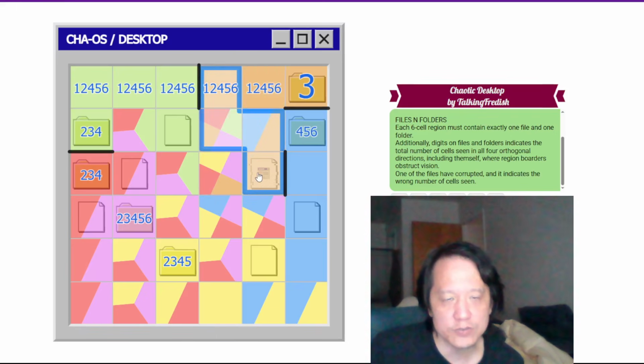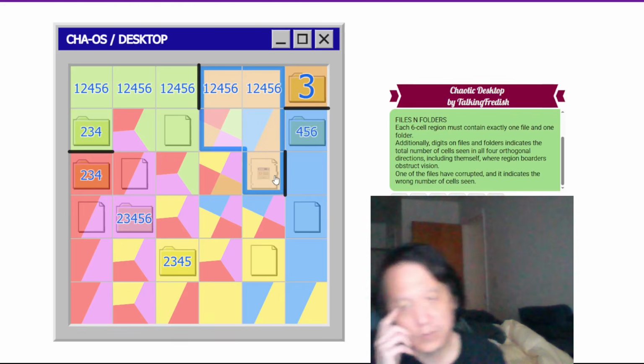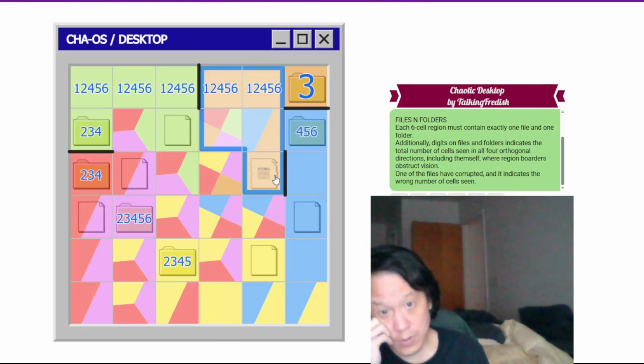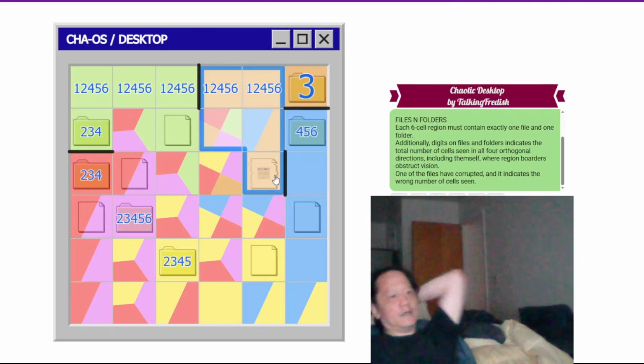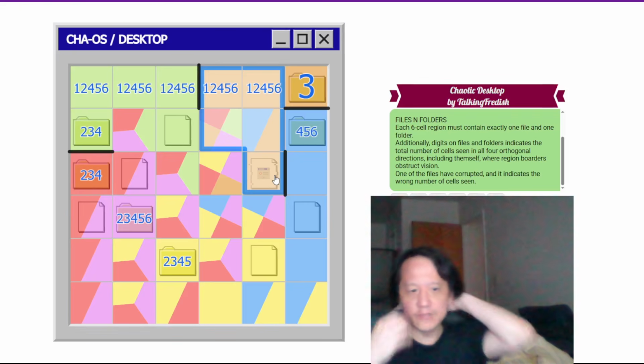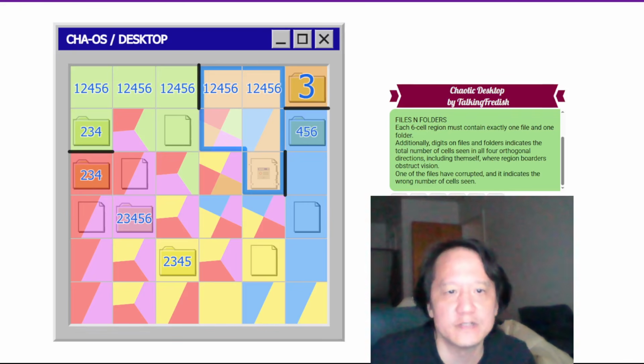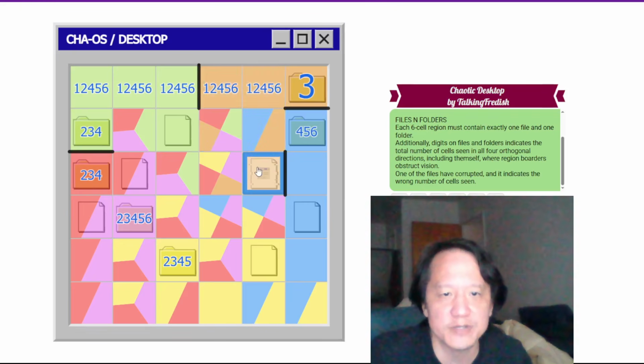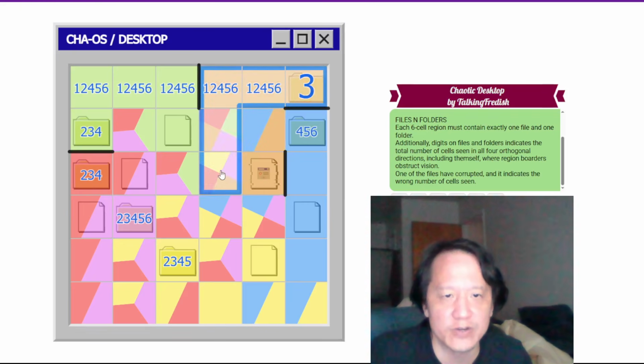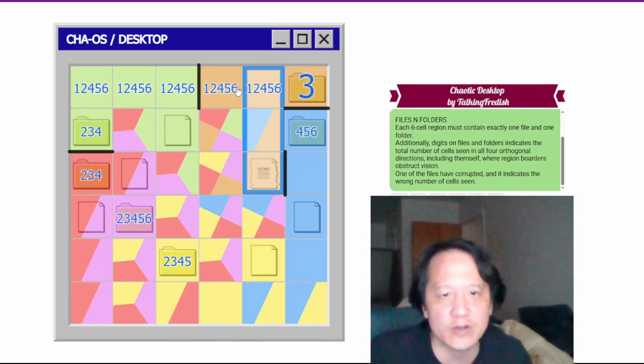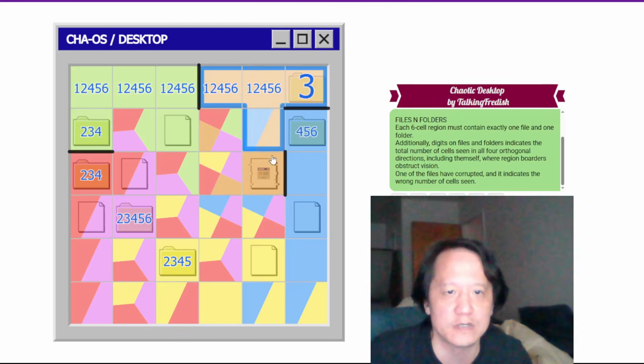Now, that's interesting. This is not very easy. I don't know what people are thinking when they're basically labeling this very easy. This isn't even very easy for a chaos construction.